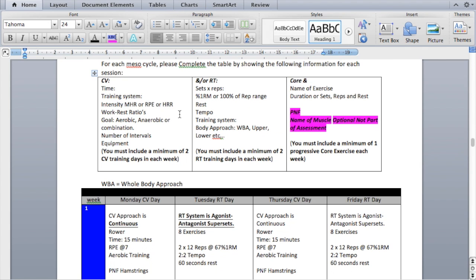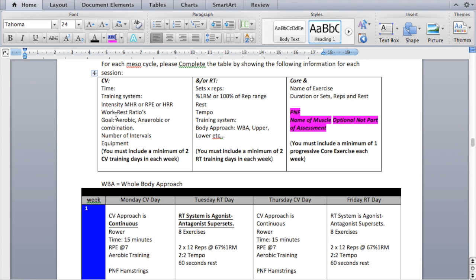There's some acute variables that you need to tell us on the 8-week plan. The first one is the name of the training system, the time, the intensity in its simplest format, which can be RPE, or in its hardest format, which could be heart rate reserve calculation.